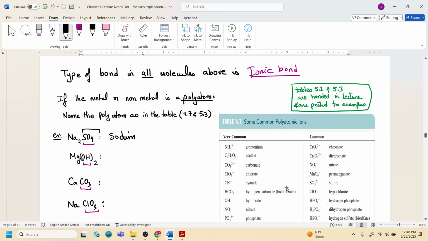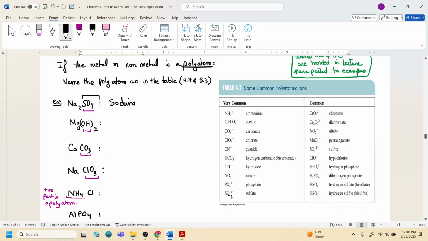SO4 in the table is called sulfate, so I'm going to write it as sulfate. See, the ending is no longer IDE because the non-metal part is made up of more than one atom. It is a polyatom. So this is why it has to end in the name of that polyatom.